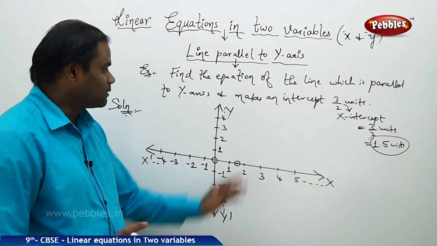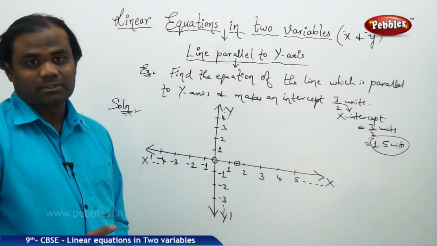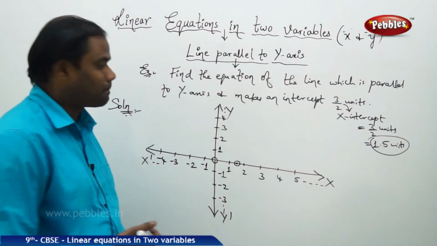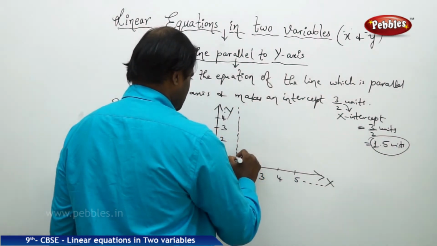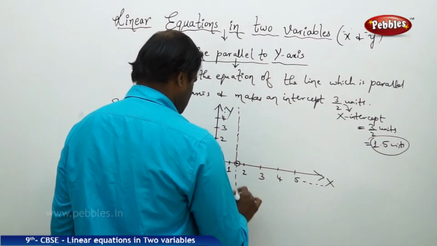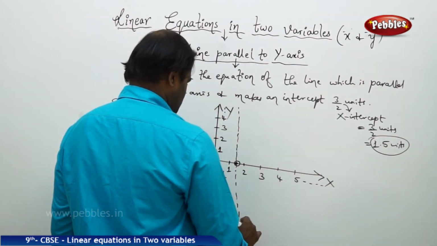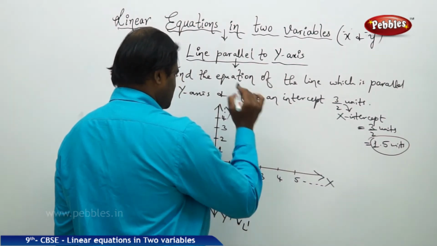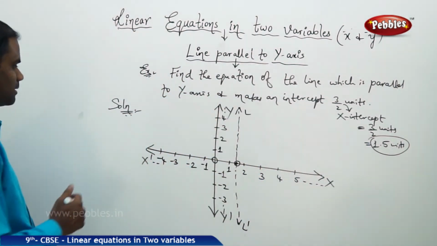So let's draw a line parallel to y-axis and passing through the x-intercept 1.5 units. This is the line, L dash is the line which passes through the x-intercept.